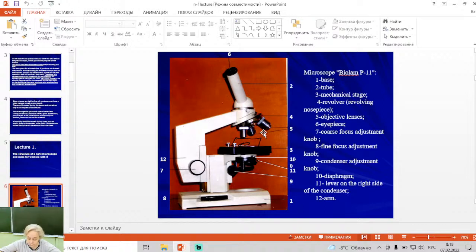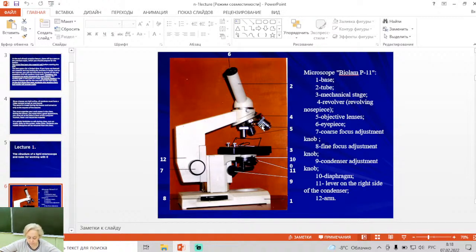There are small magnification lenses, for example, times 8, high magnification lenses, times 40, and immersion lenses used for the study of the smallest objects, for example, times 100. There may be other magnifications on the lens in other microscopes.